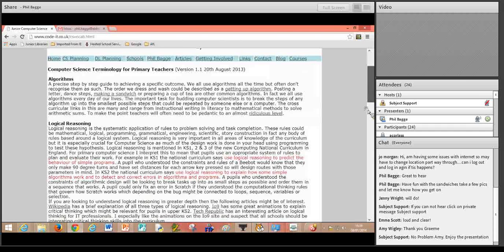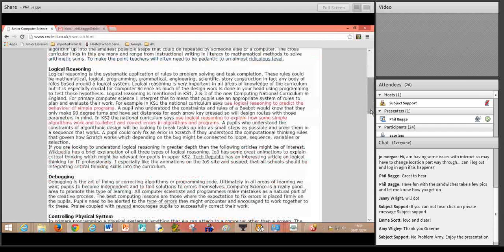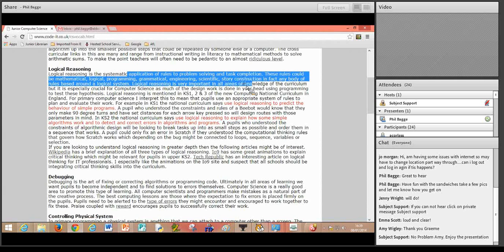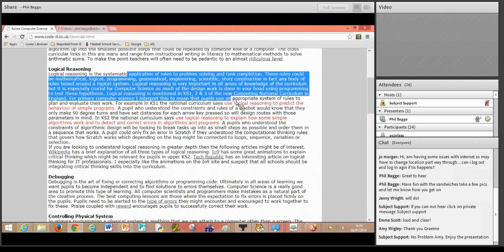I've written an explanation of logical reasoning here. So it's the application of rules to problem solving. Okay, and in fact, these rules can be about anything, really. So do children understand that there's a set of rules that go with the things that they use?